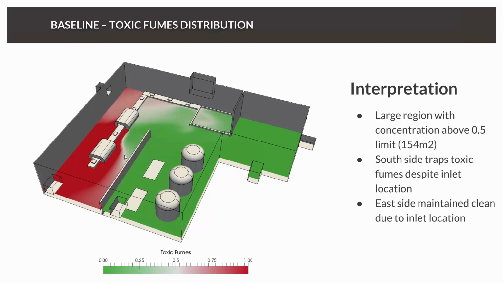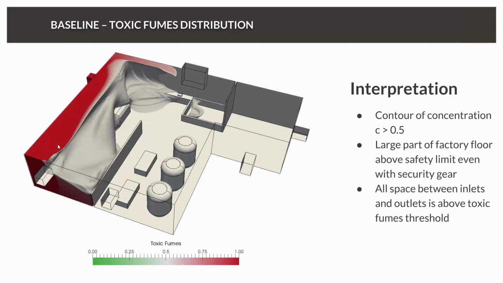And we can also calculate some metrics, and we have a large region with a concentration above 0.5 of 154 square meters. And basically this whole side is completely contaminated. And now we can use the so-called contour of concentration, which we can also create online.